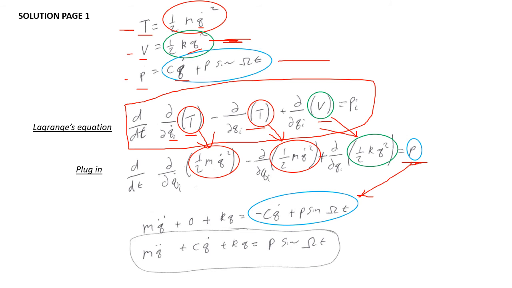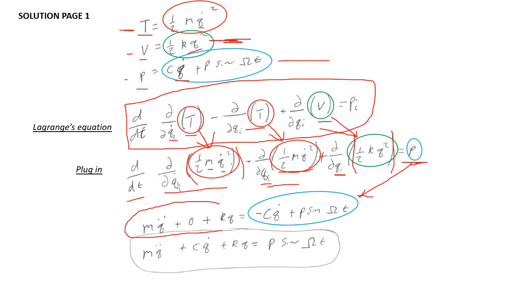So I have d over dt of the partial of 1/2 m q dot squared, minus the partial with respect to q sub i of 1/2 m q dot squared, plus the partial with respect to q1 of my V term, 1/2 k q squared, equal to P. Then I do out my partial derivatives and the full d over dt.